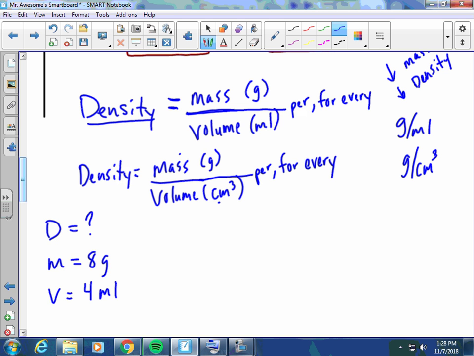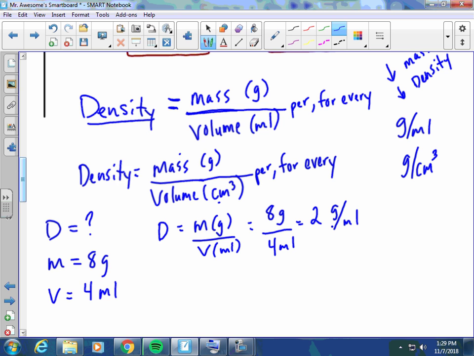You have density, I'm just going to put D for now, equals mass in grams over volume, which is what in this problem? Milliliters. So all you had to do was say the mass is 8 grams and the volume is 4 milliliters. What is 8 divided by 4? 2 grams per milliliter. Pretty easy, right? We just took the mass and divided by the volume.